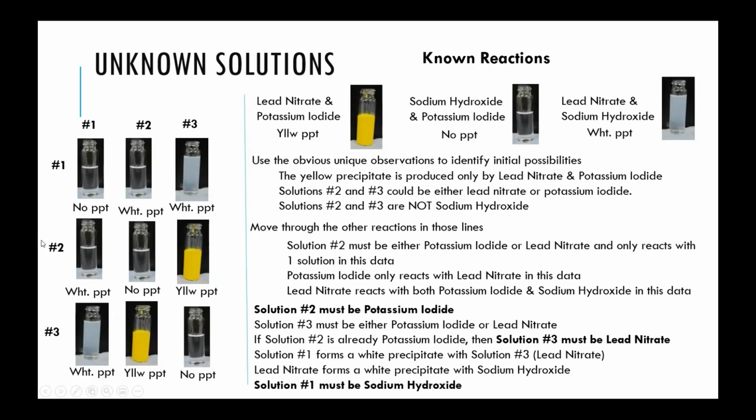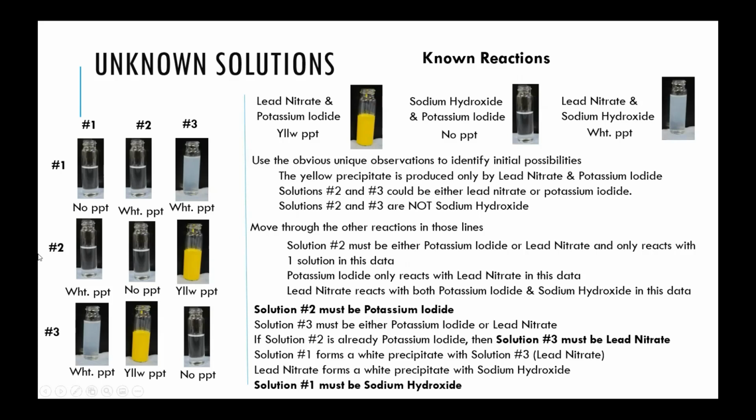So now that you know number 2 and number 3 are either lead nitrate or potassium iodide, you need to figure out which one is which. And again, this is like a logic puzzle. Potassium iodide only reacts with one of these components. Lead nitrate reacts with two of them. Lead nitrate reacts to form a precipitate with the potassium iodide as well as the sodium hydroxide.